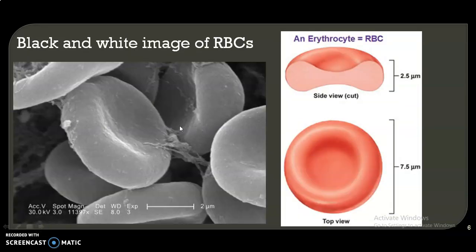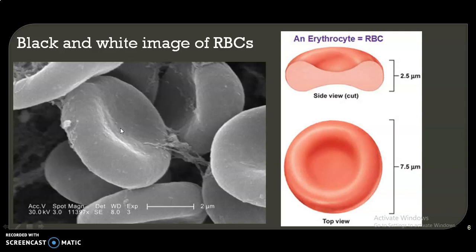If we look at the real red blood cells present in our body, then we have to look through the images obtained from the electron microscope. This black and white picture of red blood cells is a real image, and the structures that you see in this image are real red blood cells having a biconcave shape.